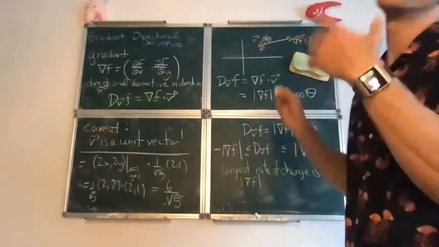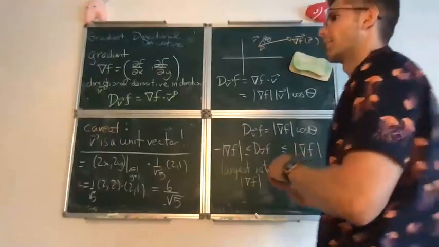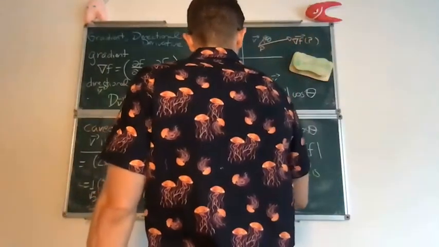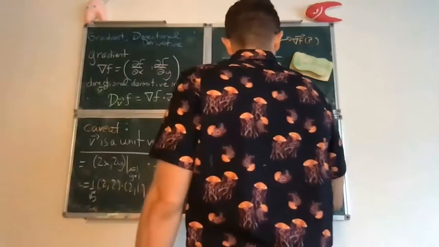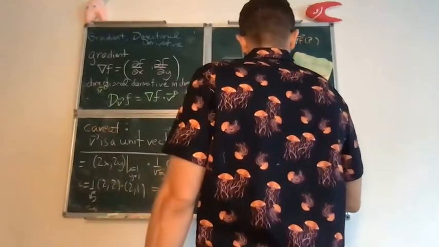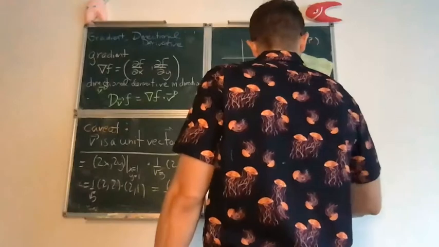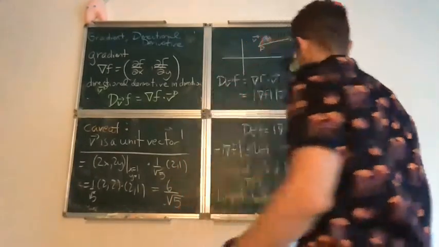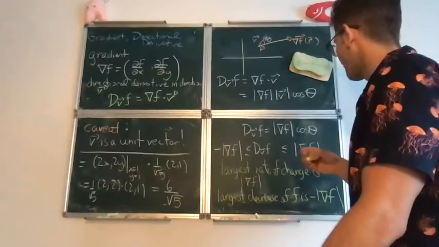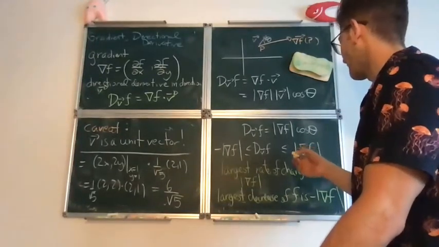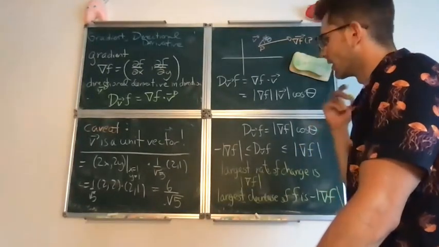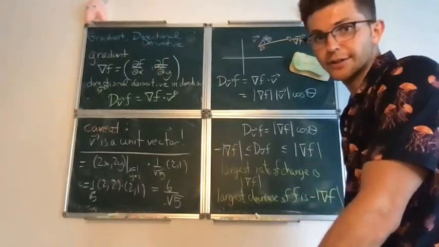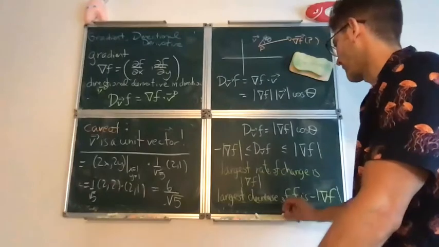The most negative rate of change, or the largest decrease of f. So the largest rate at which f can increase is the norm of the gradient. The largest rate at which f can decrease is minus the norm of the gradient. Okay?